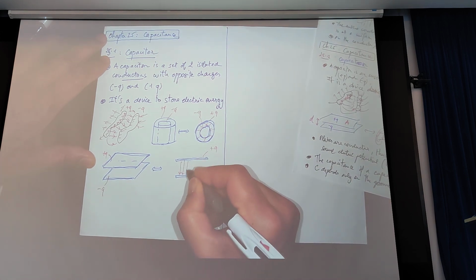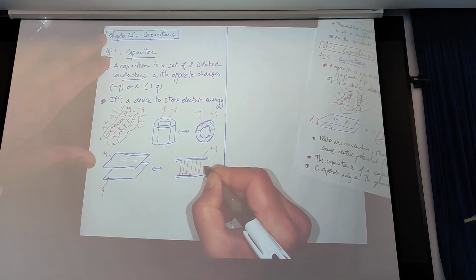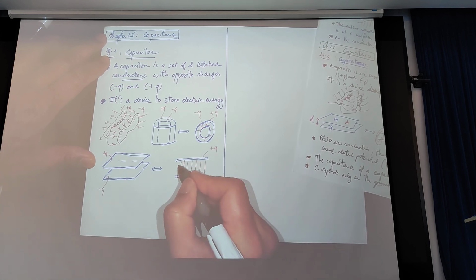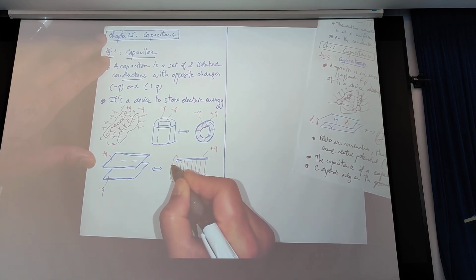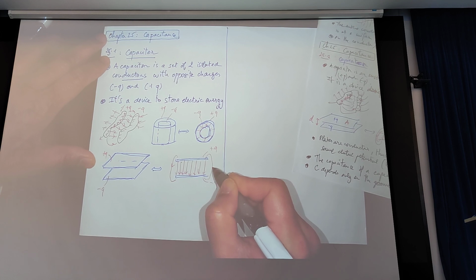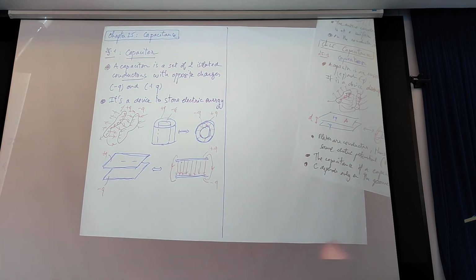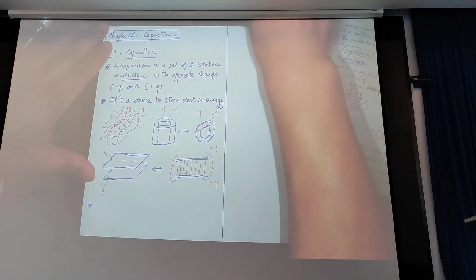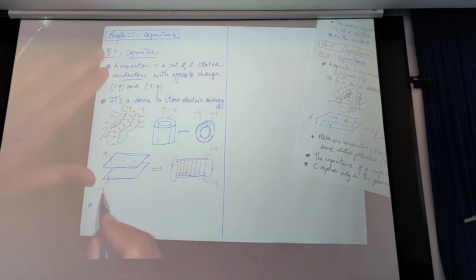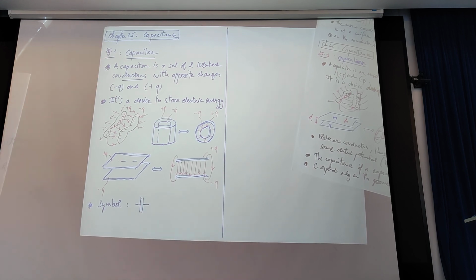And of course, in that situation, the electric field is like this, sometimes like this. Okay. The symbol of a capacitor is like this. So two parallel bars like this.